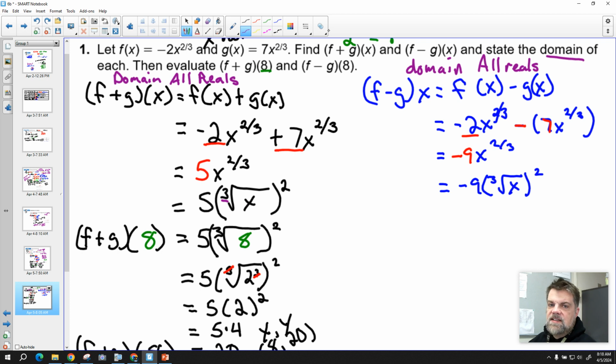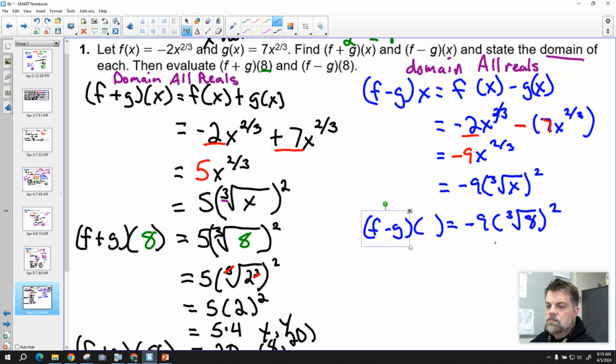So then the last thing that we're supposed to do is evaluate this, f minus g at 8. Oops, I put the 8 in.